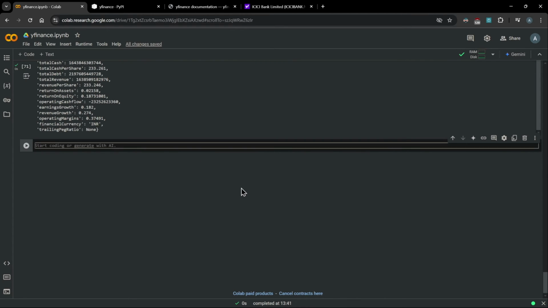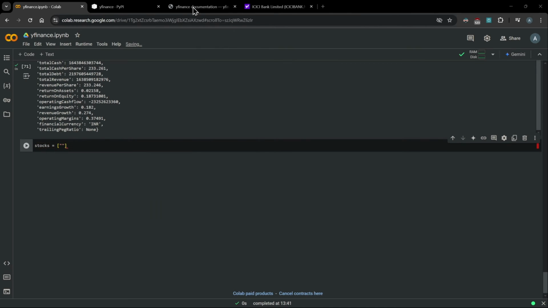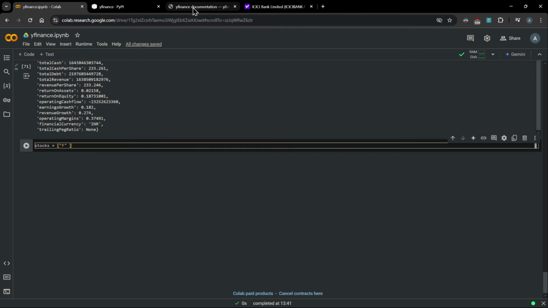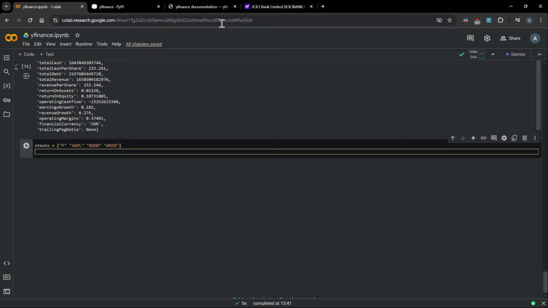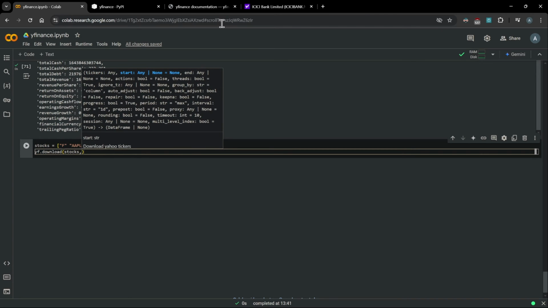Now let's say you have a bunch of stocks. Let's say stocks equal to, yeah. So you can store this in a variable stocks. Now you can say I have to download stocks.